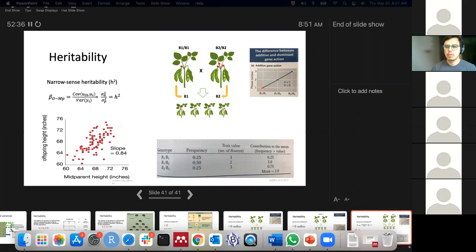So we have, for example, the homozygous B1 and the homozygous B2, and the offspring of that cross should be in the middle. That is why we have to estimate the mid-parent value, which is going to be at the midpoint between both homozygotes.